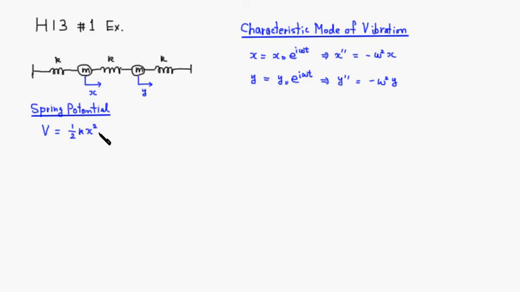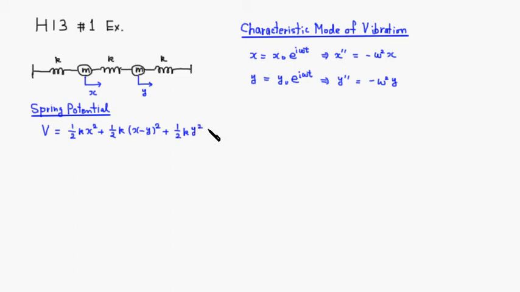And the second spring, the same way, 1/2 spring constant is the same k, but the displacement is going to be the difference between x and y, so it's just a quantity, x minus y squared. And the spring potential for the third spring would be 1/2 k, and the displacement is y, so it's just y squared.